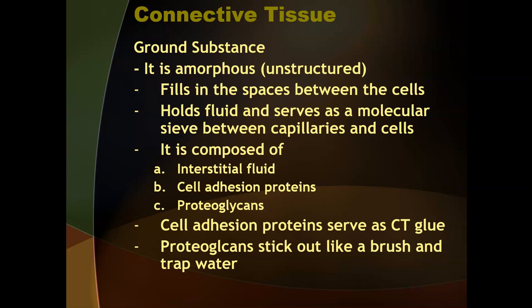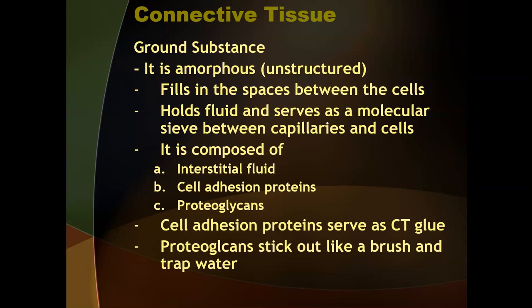It fills in the spaces between the cells. And what's unique about it is that it holds fluid, and it acts as a molecular sieve between capillaries and cells. So it filters how things go in and out around the matrix, capillaries and cells. So it's important to understand that fluid. I'll get back to that in a moment.